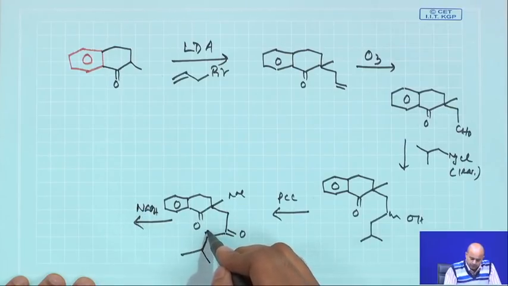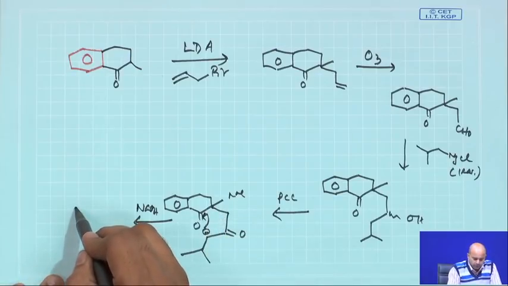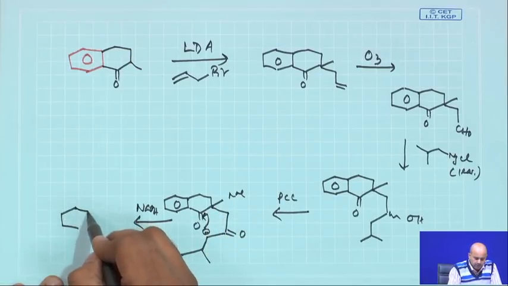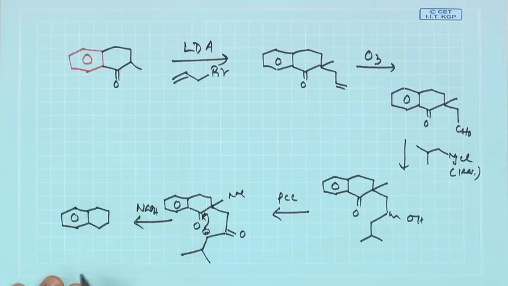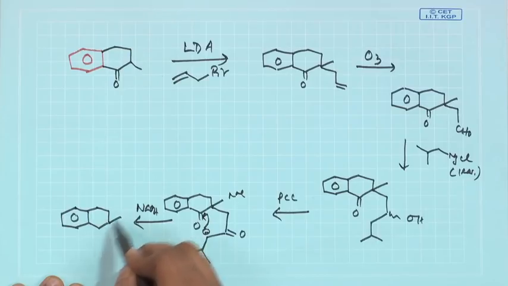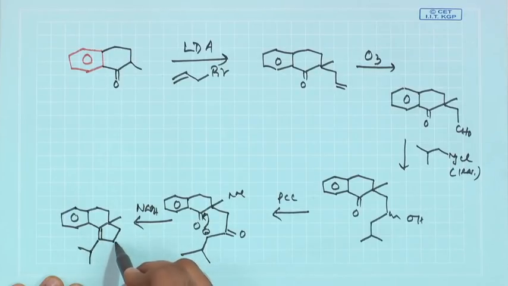Make sure this carbanion is generated, it attacks here. So, 1, 2, 3, 4, 5. So, in the aldol fashion it will undergo intramolecular aldol dehydration, and the product you will get has a 5 member ring here, you have a double bond here, this isopropyl group and this carbonyl.